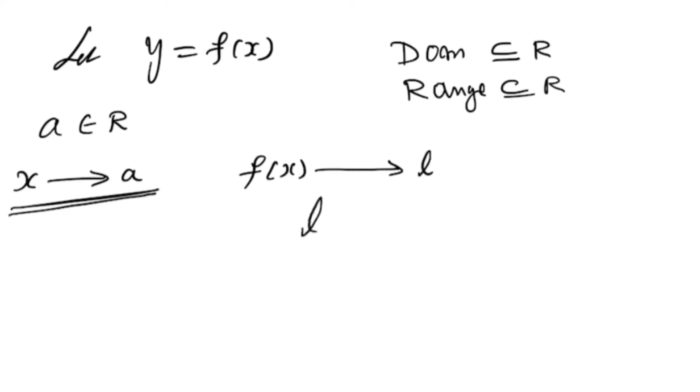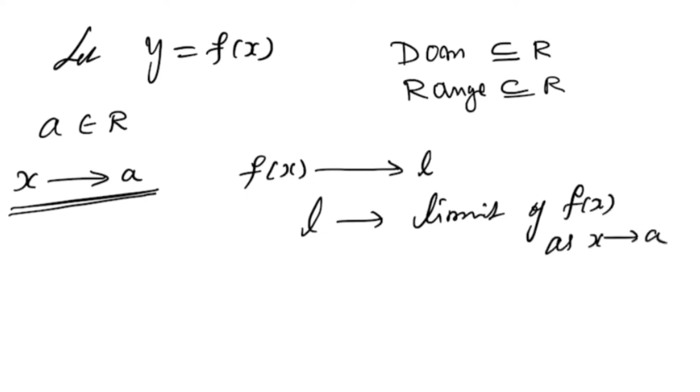Then we say that L is the limit of f of x as x tends to a, and we write this as limit of f of x as x tends to a equals L.